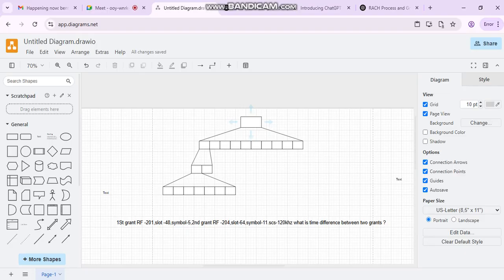In one radio frame there are 10 subframes, in one subframe two slots, and in one slot 14 OFDM symbols for NR, or 7 OFDM symbols if it is LTE. So that is how you can understand what is given here: radio frames, slot, and symbols. The radio frame is divided into 10 subframes, each subframe into slots, and each slot into a number of OFDM symbols.